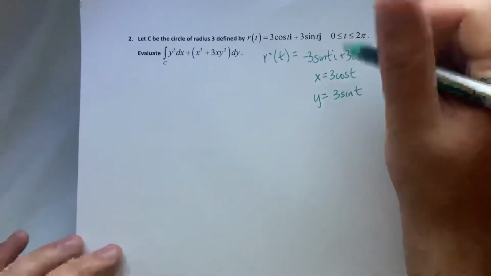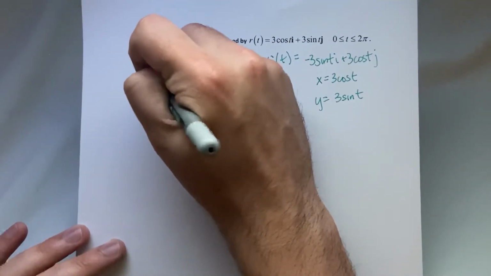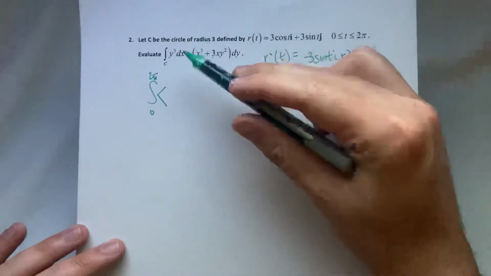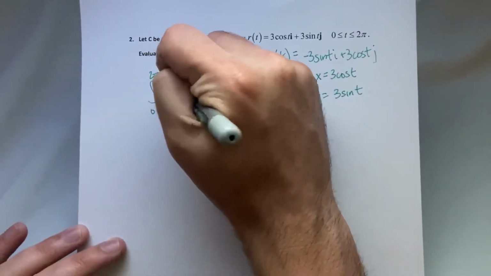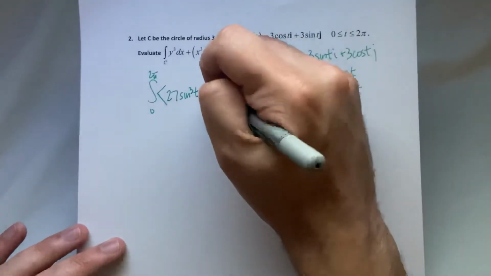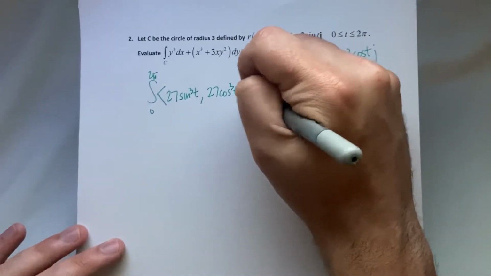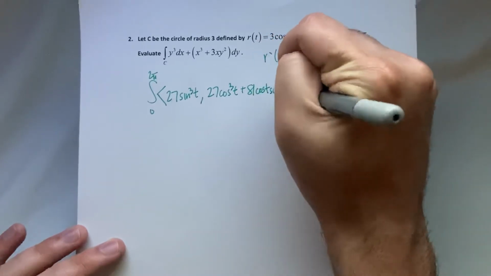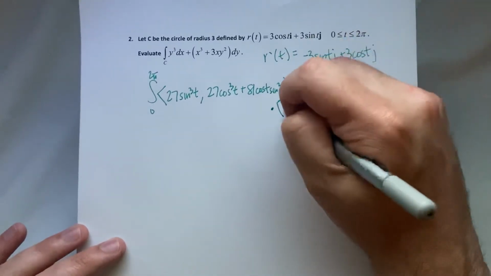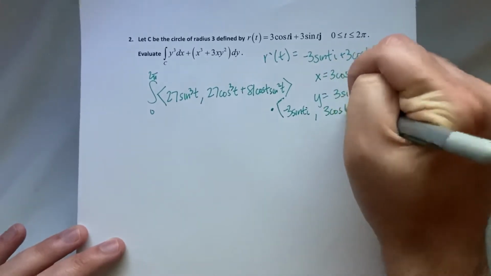Okay, so when I sub these in to their respective pieces, this is now going to become our 2 vectors here. I'm going to write them in vector form. y cubed is 3 cubed is 27 sine cubed t. My second term, though, becomes 27 cosine cubed t plus 81 cosine t sine squared t. And this, of course, is dot product with the derivative, which is this thing, negative 3 sine t i, 3 cosine t j.